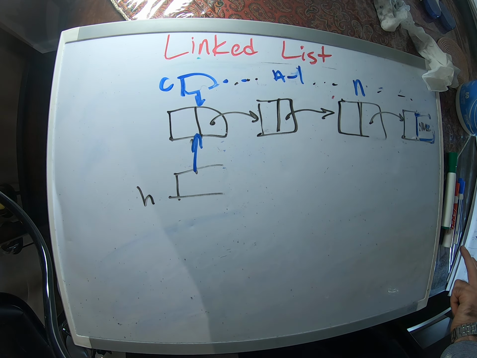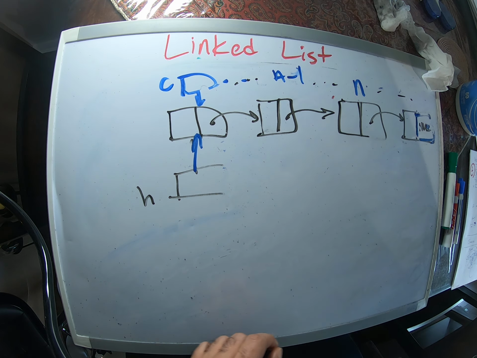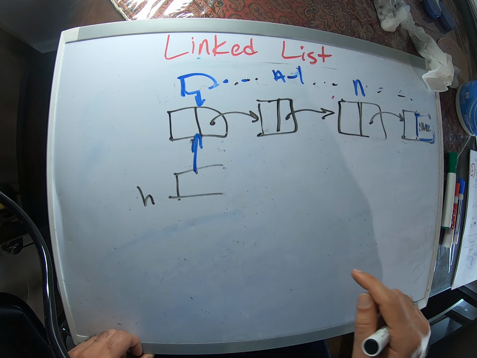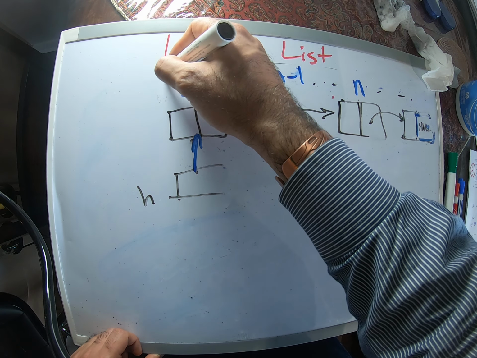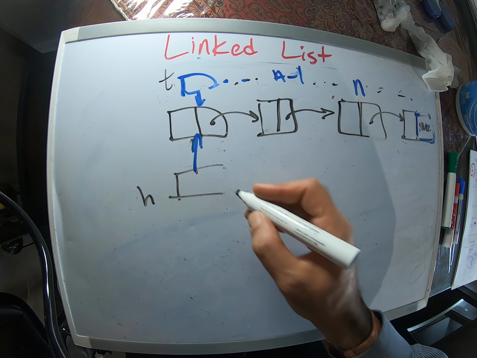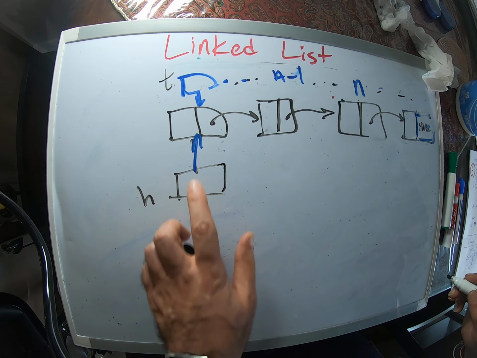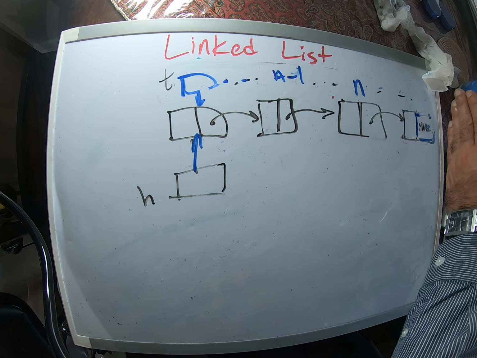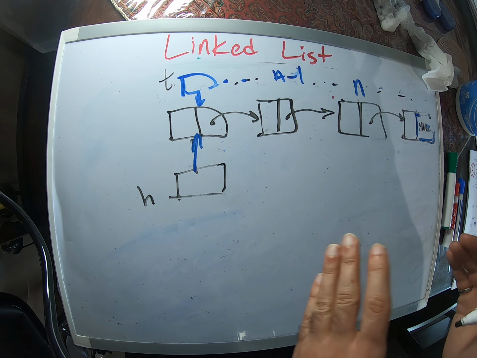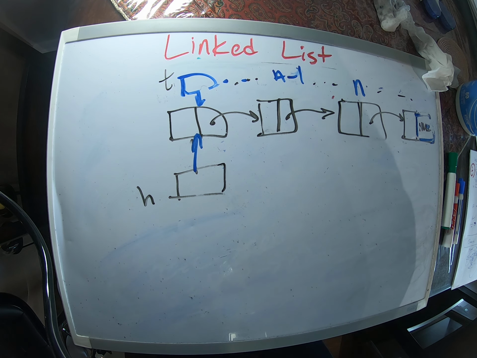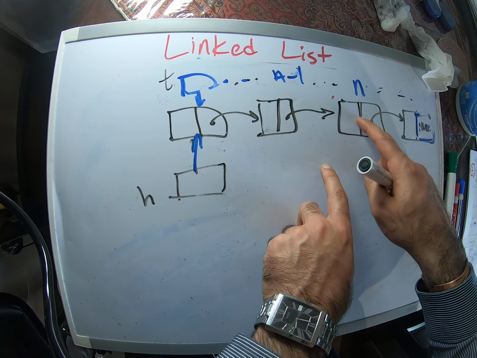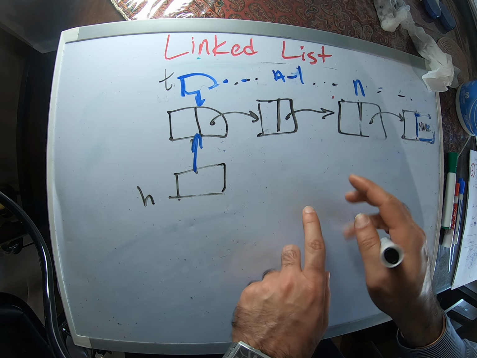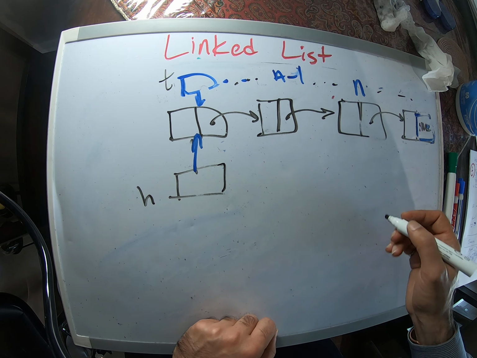Now I'm going to try to implement it, not fully, but let's call this pointer temporary. I'm just going to use my notes. So we have the head pointer, and a temporary pointer that we use to traverse the linked list, and we want to insert a new node at the nth position, right before it.